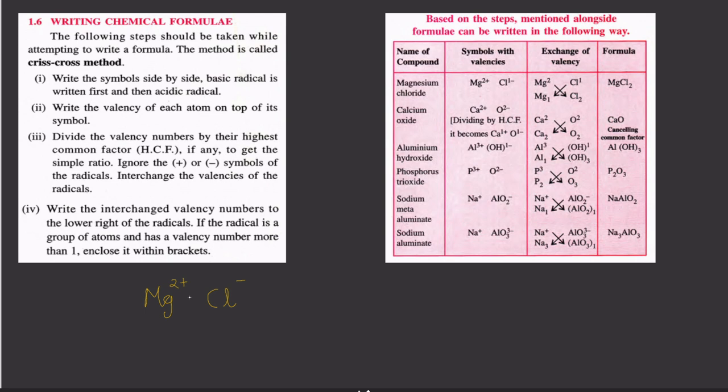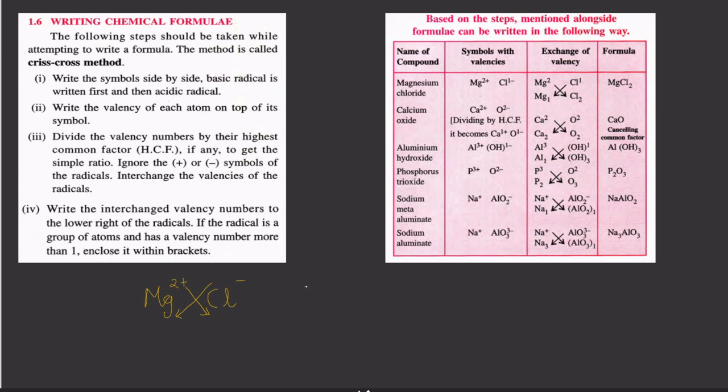What we do is we interchange. Interchange means the valency of chlorine will go to magnesium and the valency of magnesium will go to chlorine. So we will write like this: magnesium, and the valency of chlorine will come here. It will be like this: Mg1 and Cl2.